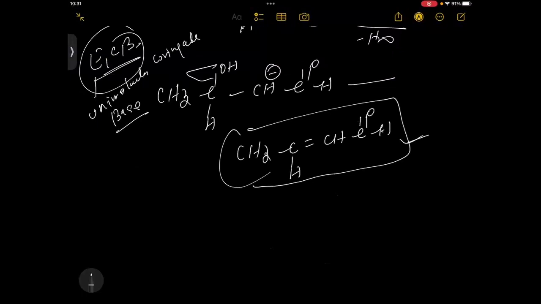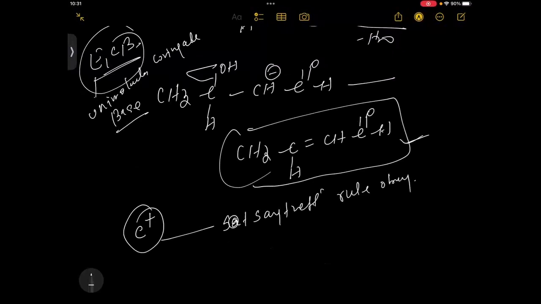One thing I'm telling you: whenever a carbocation is generated, usually the Saytzeff rule is obeyed, which means more alpha hydrogens is more stable. But students, do you know one thing?